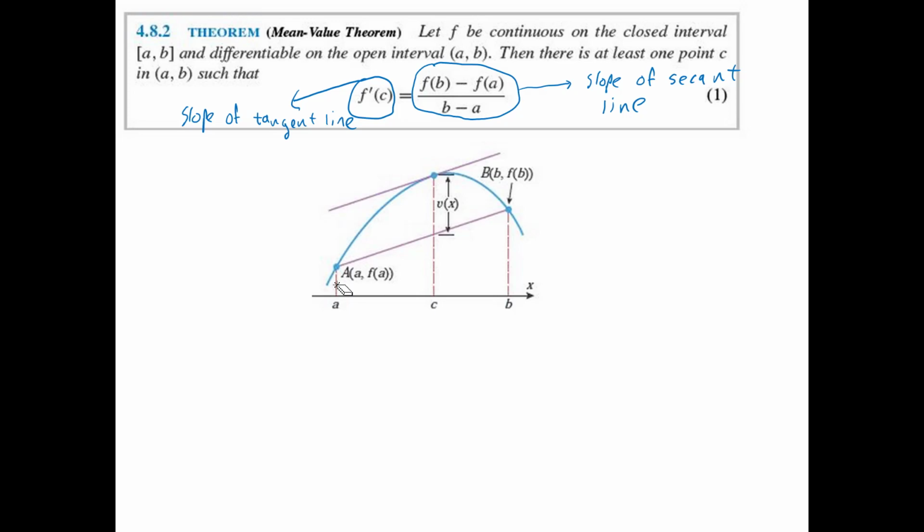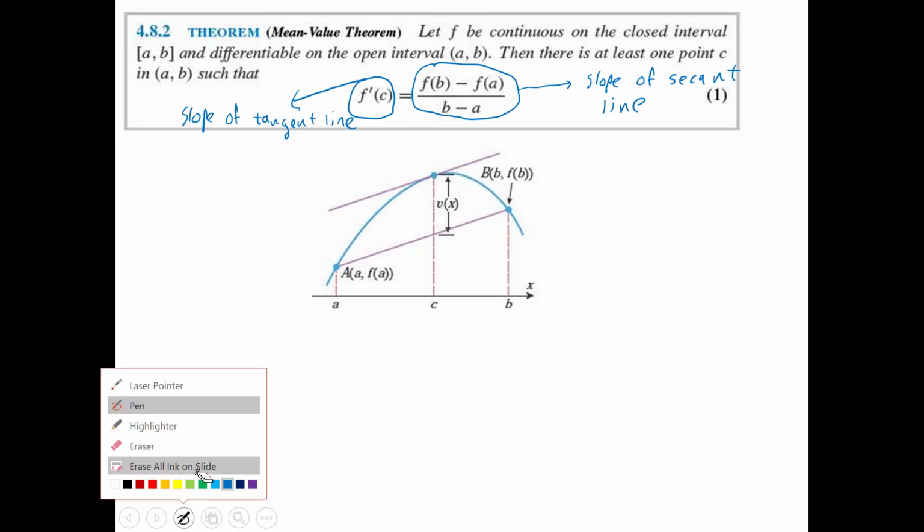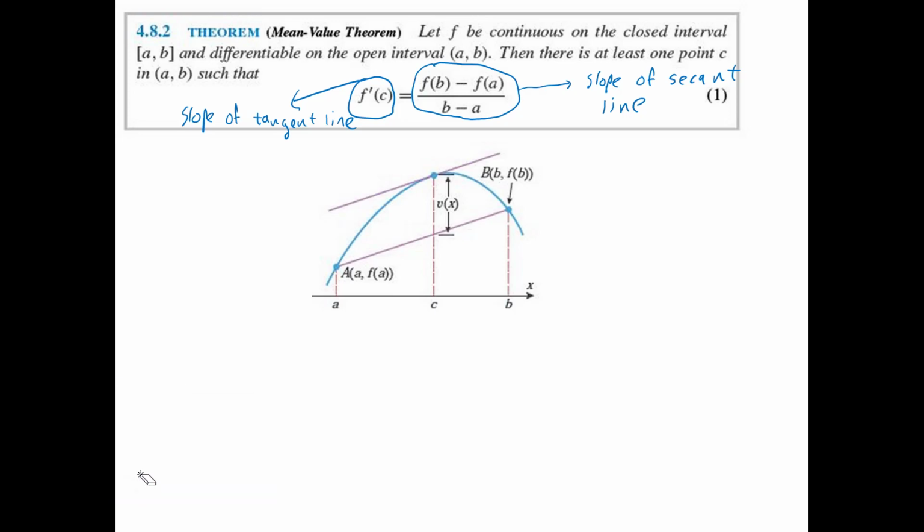So the whole point of Rolle's theorem was to allow us to prove this theorem. So how can we use Rolle's theorem to prove this theorem? Well, what we do is we build a function that satisfies Rolle's theorem. Now, this isn't at all obvious, but here's what we can do.